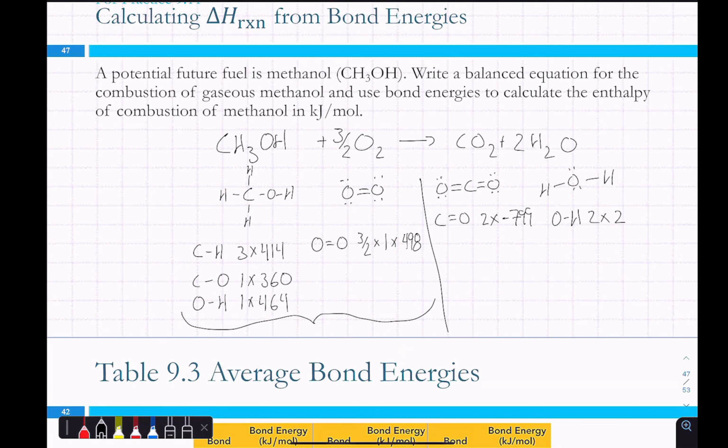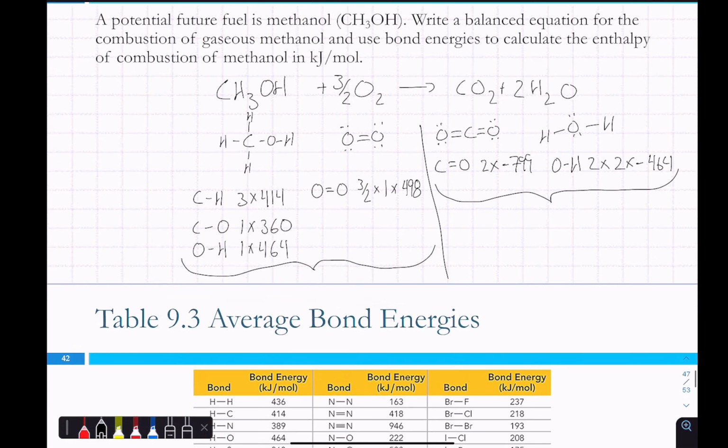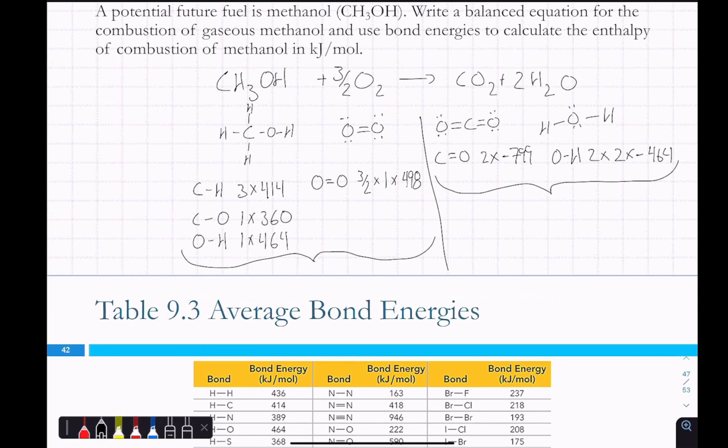So 2 water molecules, each with 2 bonds: 2 times 2 times that negative 464 kilojoules for that. And now we can add those together, and that'll give us the energy that's coming out of the reaction. 2 times 414 plus 1 times 360 plus 464 times 1.